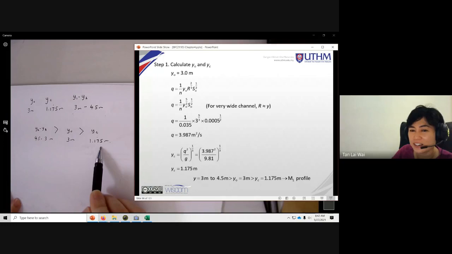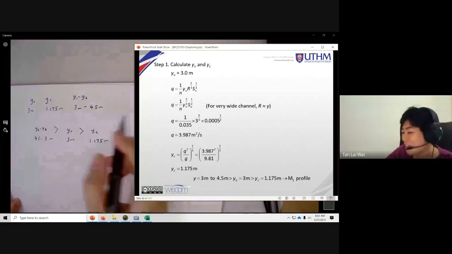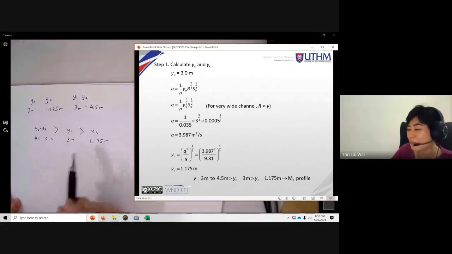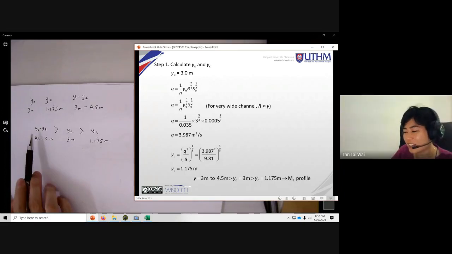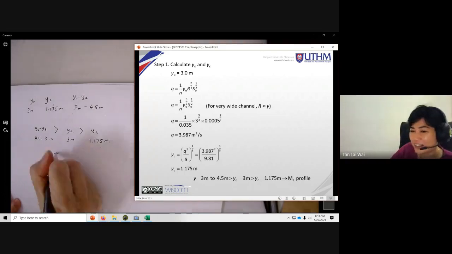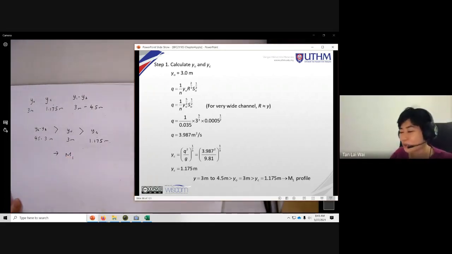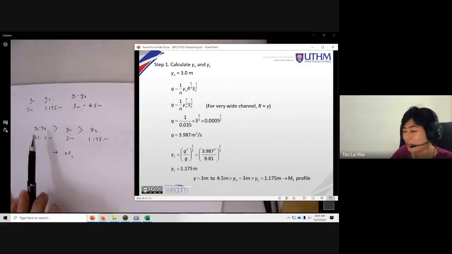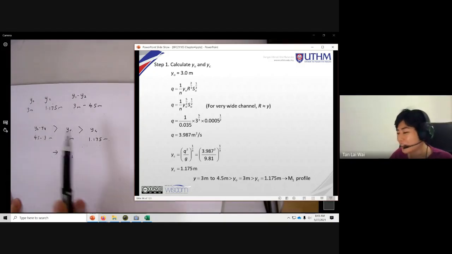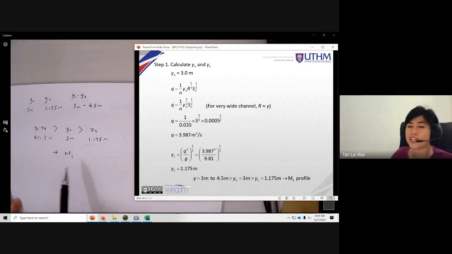M. Because Y naught is greater than YC, therefore it's M. But Y is larger than Y naught and YC, so it's what M? M1. Yes, correct. If Y is in between, it is M2, and if it is the lowest, it should be M3.